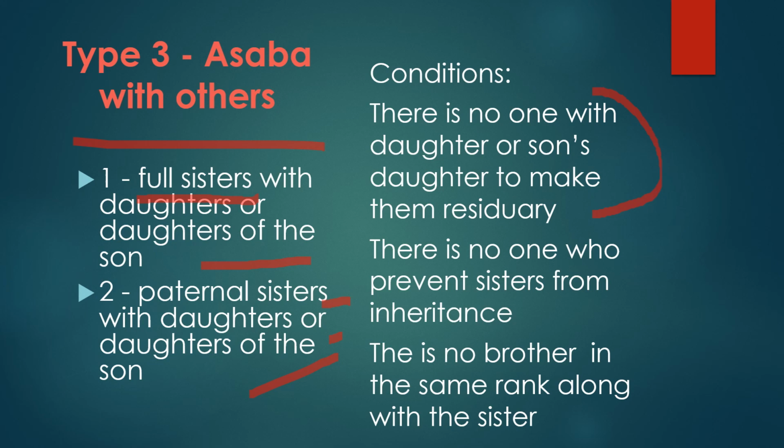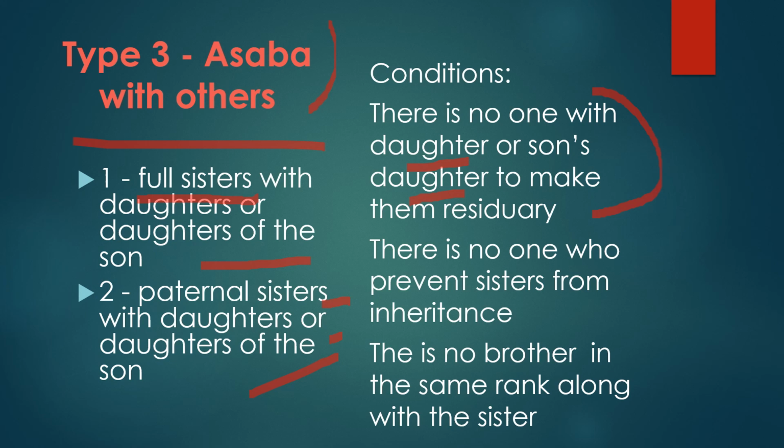We said that in the last slide, in the second type of asaba. So to make this asaba with others, there must not be the son or the son's son who will make the daughter asaba or the son's daughter asaba.